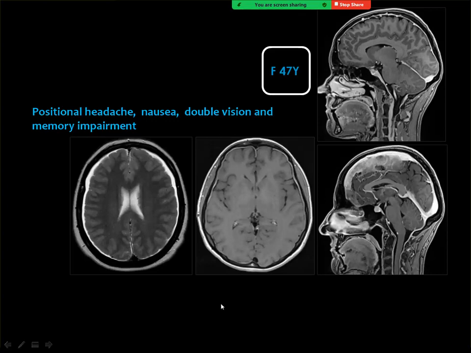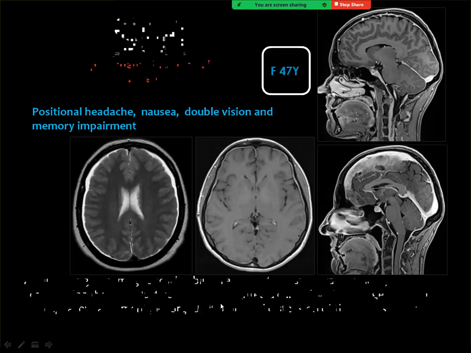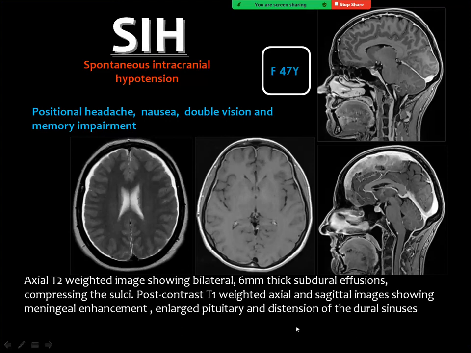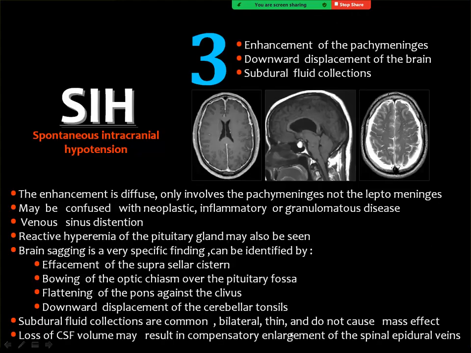Intracranial hypotension has many imaging findings like diffuse meningeal thickening of the dura, distension of the dural sinuses, prominent appearance of the pituitary gland.